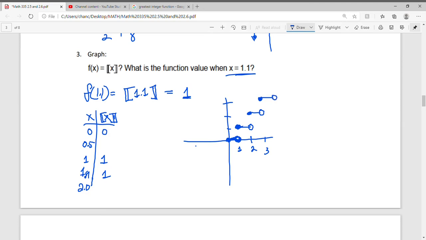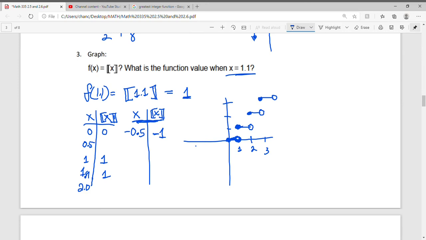Now let's plug in some more values to get a good idea of what this looks like. Let's try negative 0.5. What's the integer that's equal to this or less? The closest integer that's equal to negative 0.5 or less is actually negative 1.